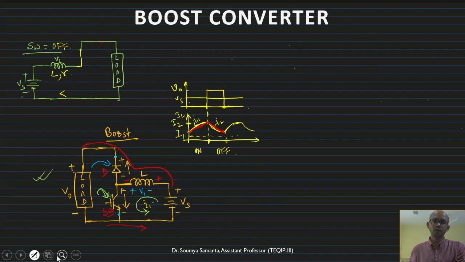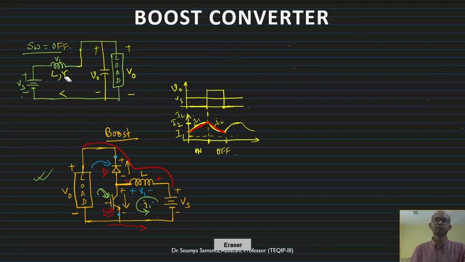We have found the expression for the inductor current. Now let us say this is a filter capacitor connected here to maintain the voltage stable. So what is the average voltage we are getting? This is the V output. This V output is the average voltage we are getting at the output. Now we are not considering the small r.